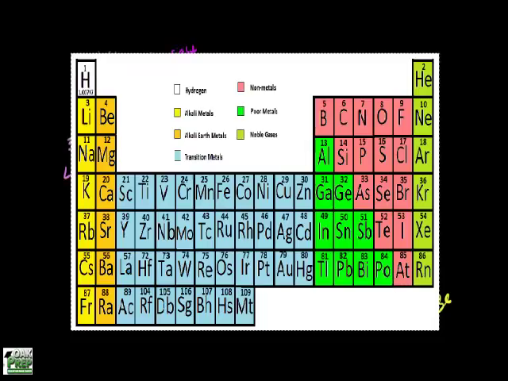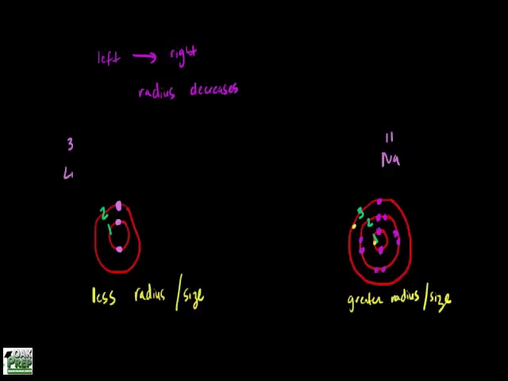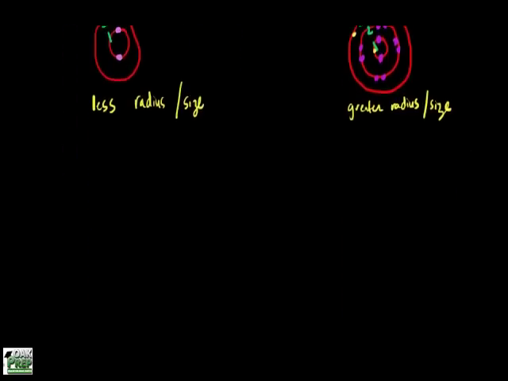So let's take out our periodic table and see what the trend is. So we just did an example of lithium and sodium, and we said as you go down, right, sodium is greater in radius, right, than lithium. So the trend is when you go down on a periodic table from top to bottom, the radius increases. So let's go ahead and write down the trend for this one.